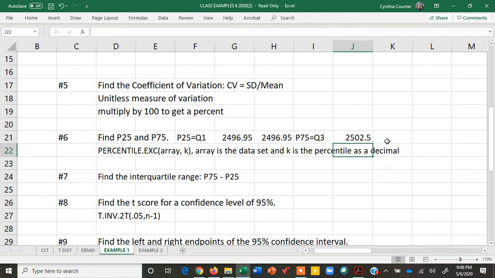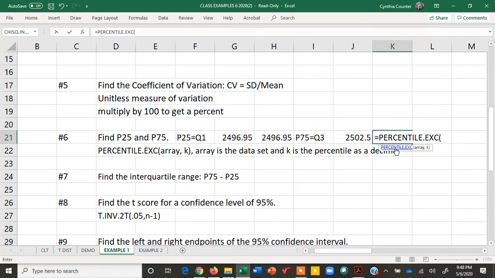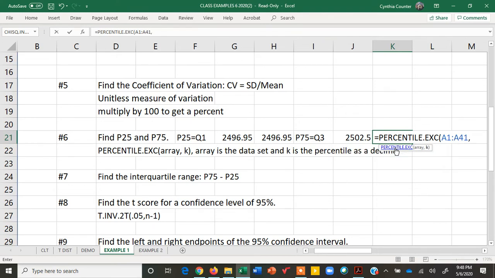There's the 2502.5. We can also do it literally as the 75th percentile. So A1 colon A41. We could type 0.75, but it will also work if you type 75%. If you put the percent symbol, it will read it like a decimal and work just as well. So that's how you can find percentiles and quartiles using formulas.